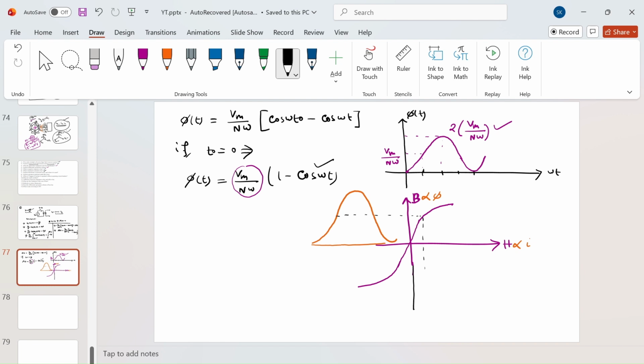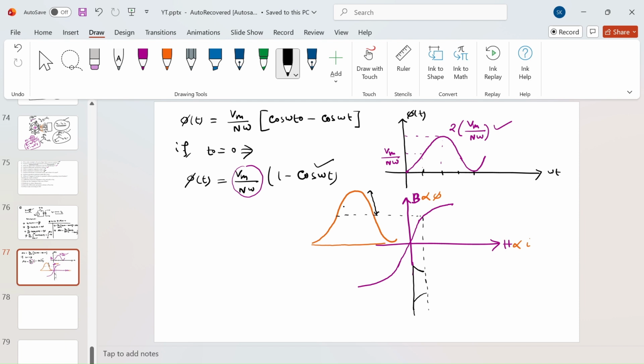So here the current will also follow the same nature as the flux, till this point. But from this point to this point, I have the non-linearity.